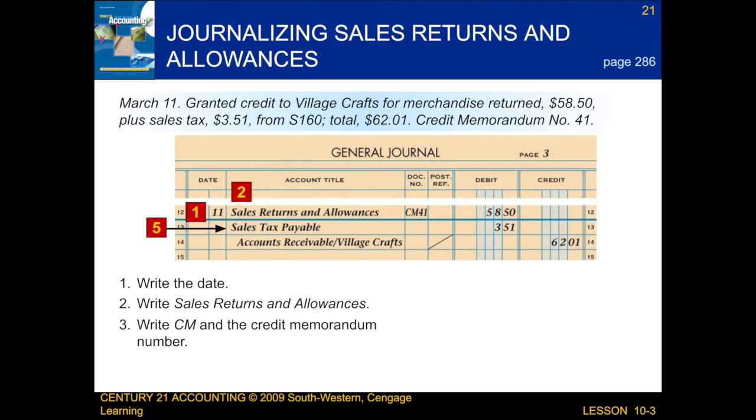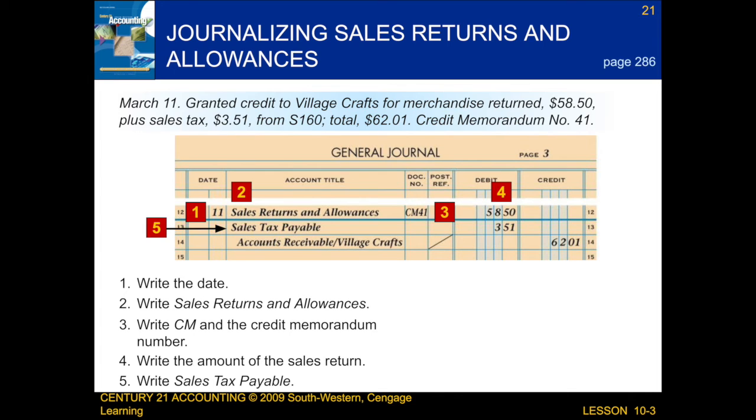After that, we write CM and the credit memorandum number, which is CM41, in the document number column. Next, we write the amount of the sales return, which is $58.50, in the debit column.